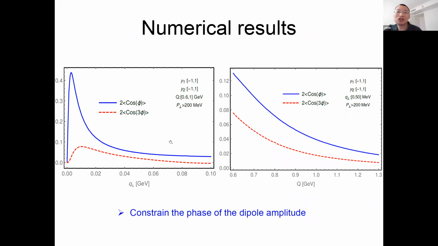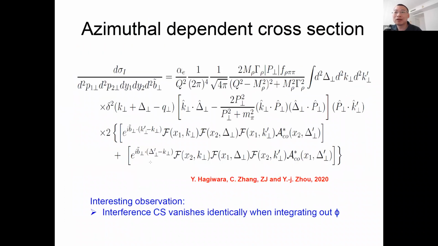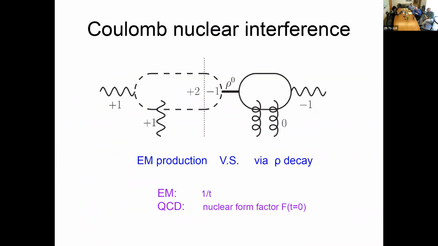At a relatively large qT, all this interference effect will basically die out. Only at very, very low qT does the electromagnetic amplitude become large. Do you have a plot maybe that shows the relative sizes of those two contributions? Sure. We have this plot in our paper. We show the relative size of these contributions.